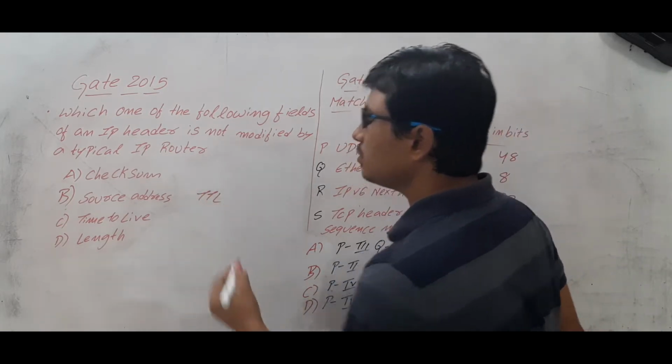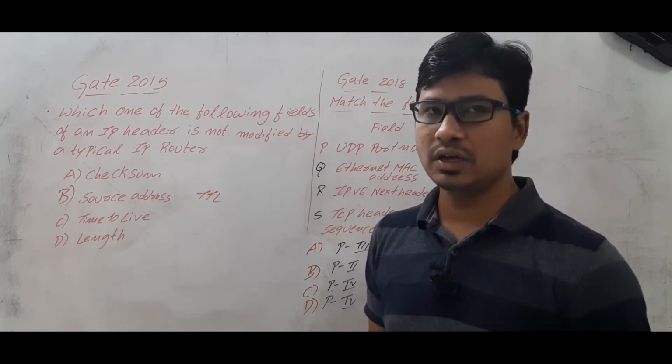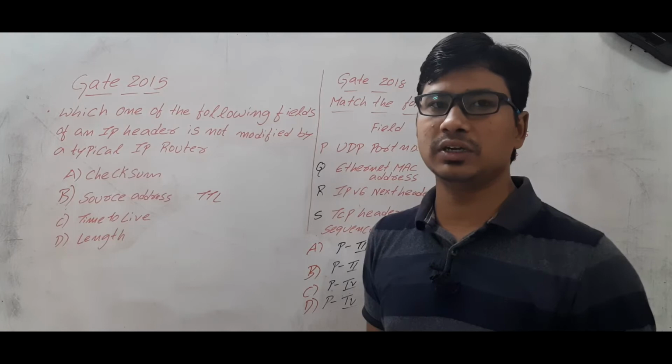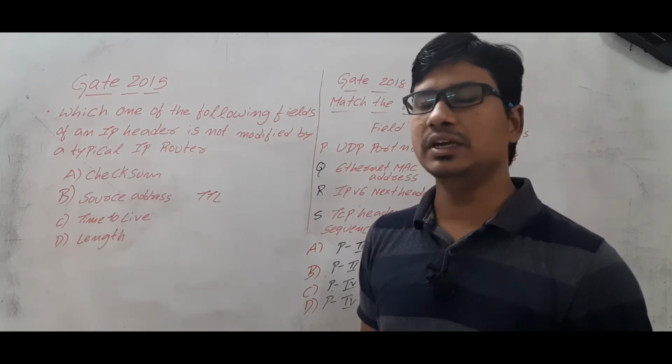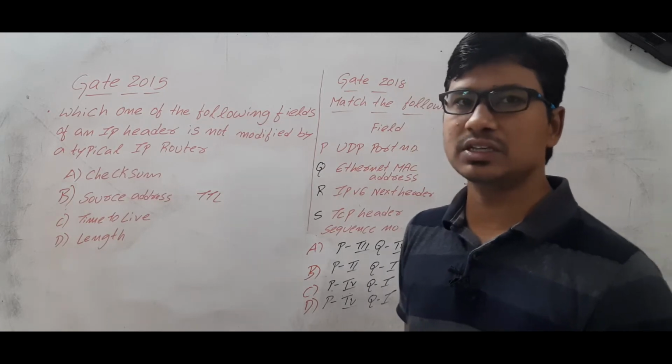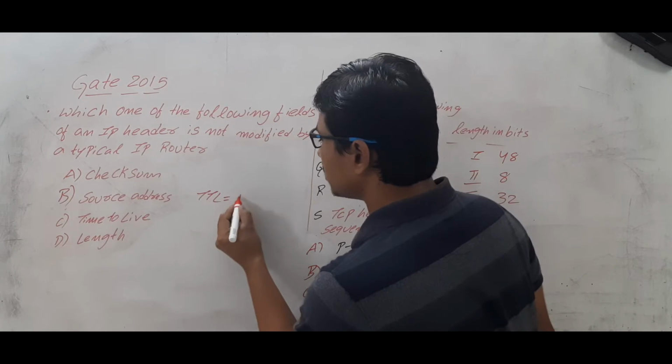The time to live specifies how much time the packet should be there in the network. Once the TTL value comes to 0, then the packet has to be dropped from the network. I have discussed this when discussing the frame format. Let me tell you with a small example.